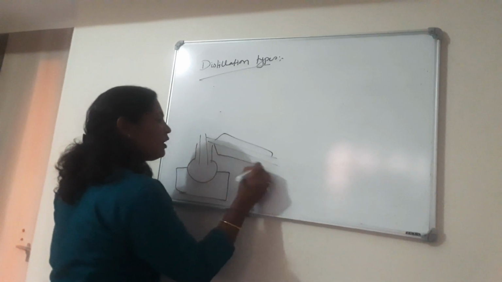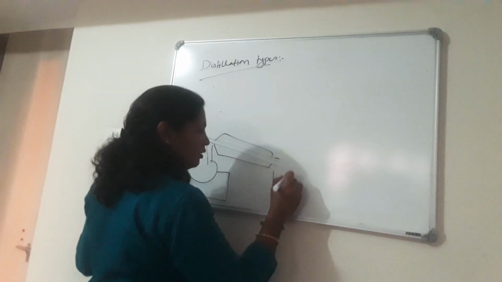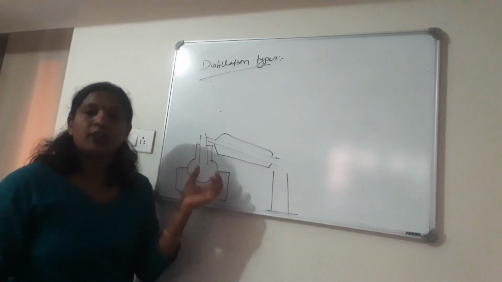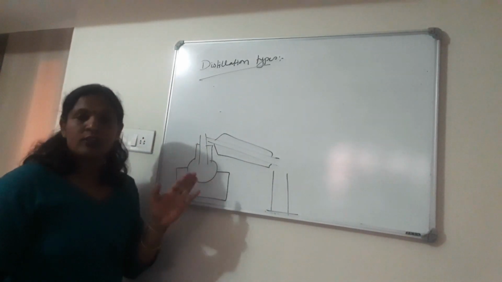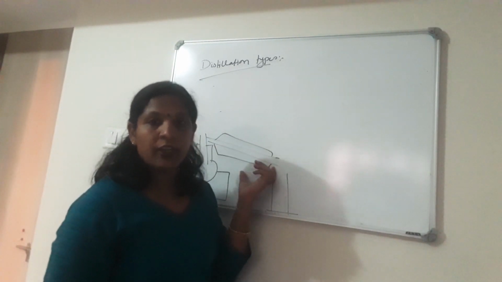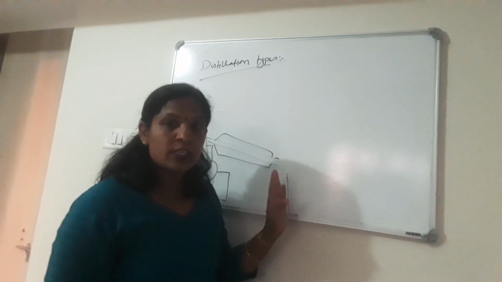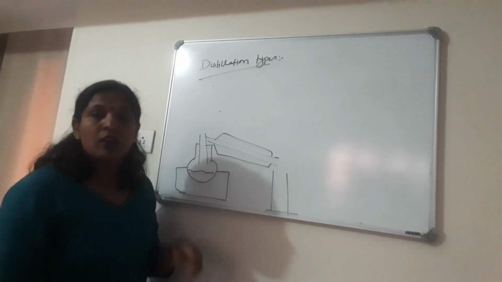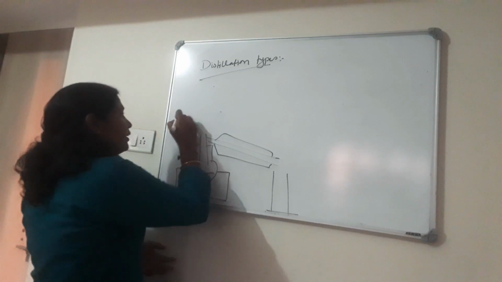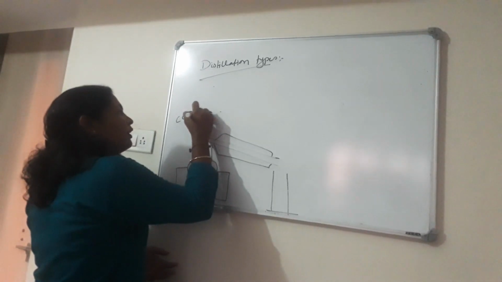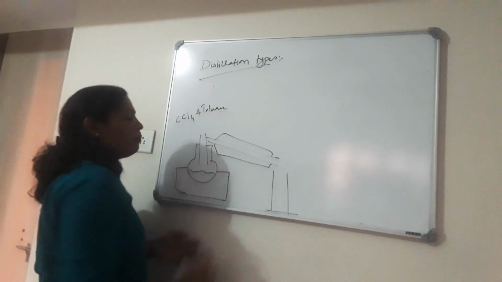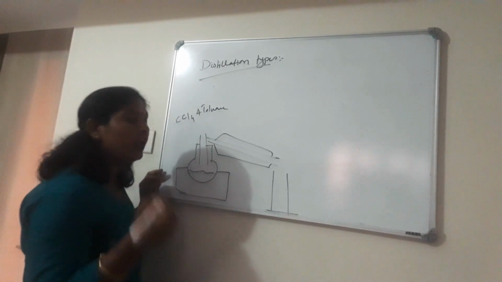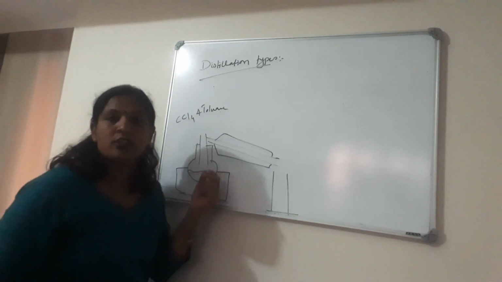This is the laboratory instrument we use for separating liquids, used for simple distillation. In this simple distillation assembly we take a mixture of two components, suppose, as I told earlier, CCl4 and toluene. We take this mixture and heat it, and vapor will be generated on the surface.